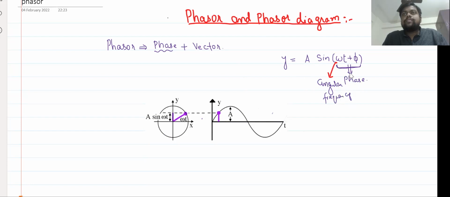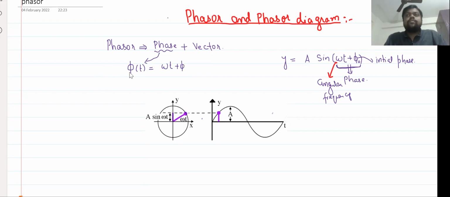Phi is the phase constant or initial phase. So this phi, better you write it as phi naught for initial phase. This complete phase you can say is a function of time. So whatever is inside, omega t plus phi naught, this is known as phase.